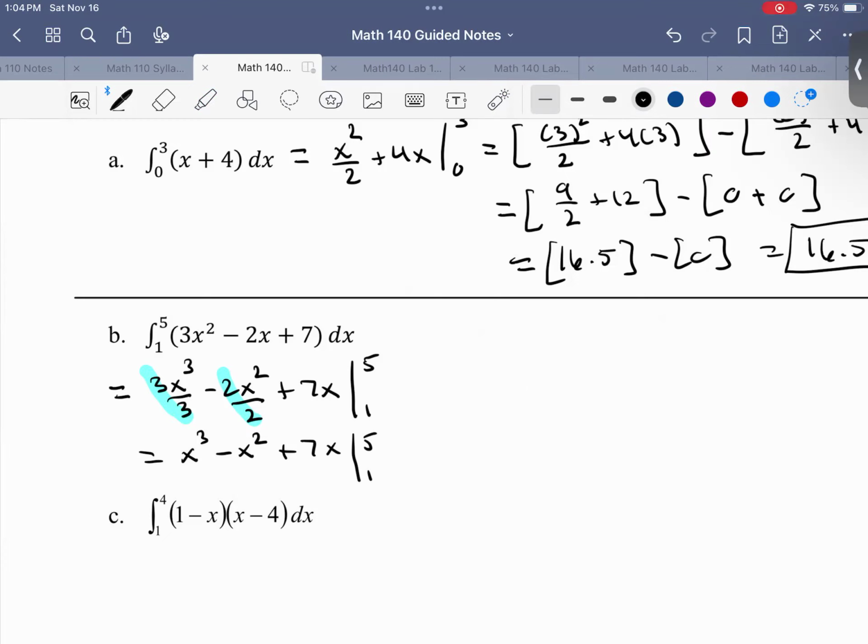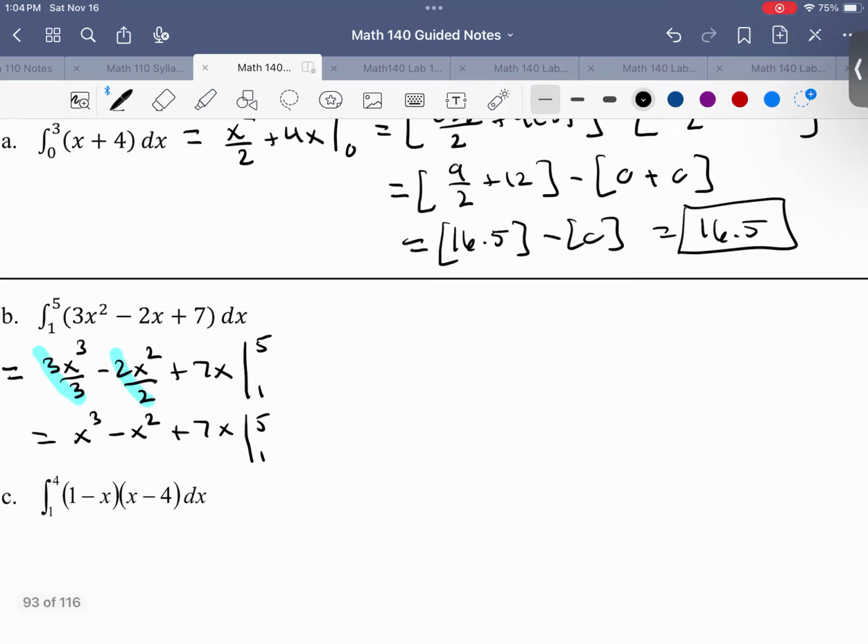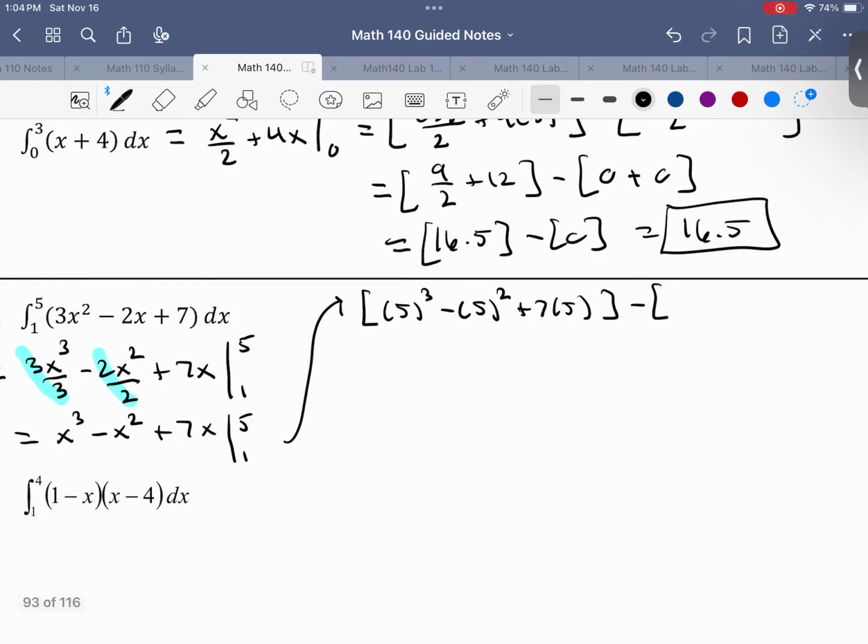Okay, so now what we need to do is evaluate at our endpoints, our lower and upper limits. So bringing this up here, plugging in 5. In our first bracket, we'll have 5 cubed minus 5 squared plus 7 times 5, minus, plugging in 1 now, 1 cubed minus 1 squared plus 7 times 1.